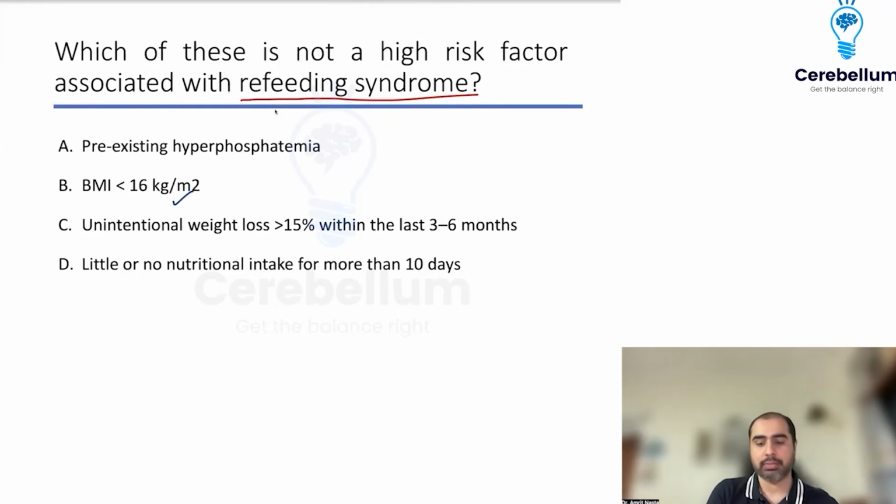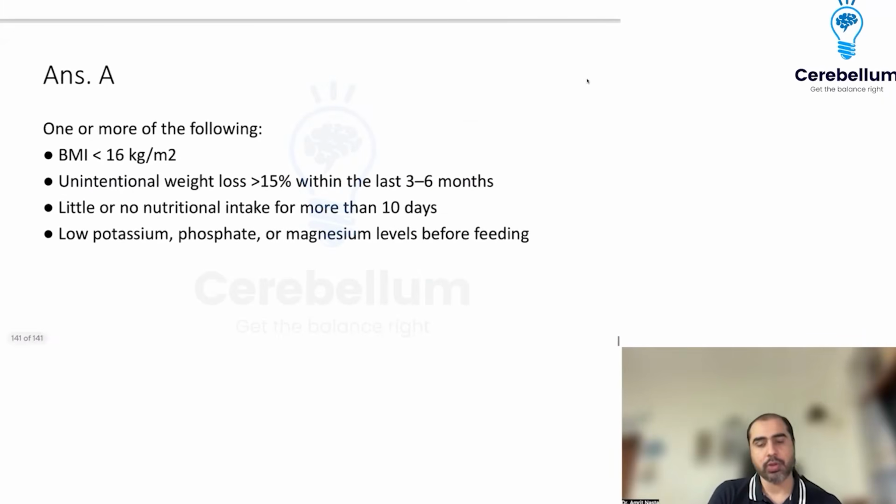Very low BMI, too much weight loss, long-standing malnutrition, or pre-existing hypophosphatemia. If there are already deficiencies, he will have the unmasking of those deficiencies faster. Okay, not a pre-existing hyperphosphatemia. So, these are the risks of refeeding syndrome.